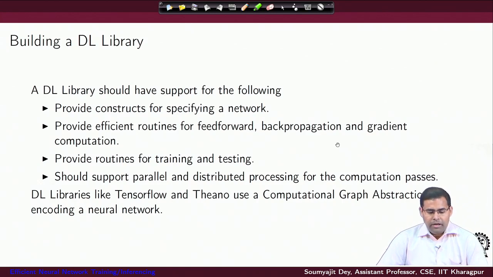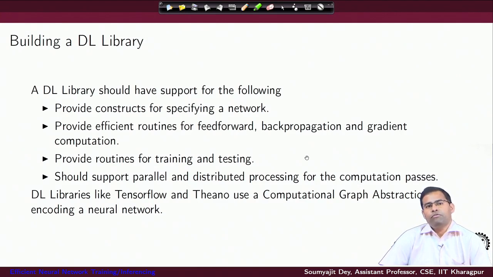So, with this background, in case you are interested in building a deep learning library, that would mean your library has to support the following things. It should provide constructs by which somebody can easily specify the neural network architecture, and efficient routines that I can implement as part of the library, so that I have feed forward, back propagation and gradient computation features available, right.